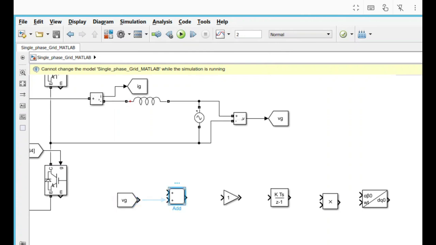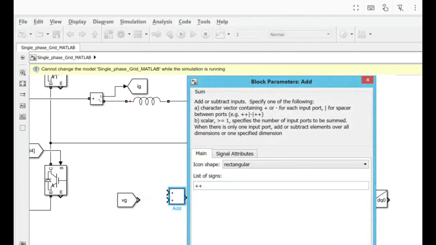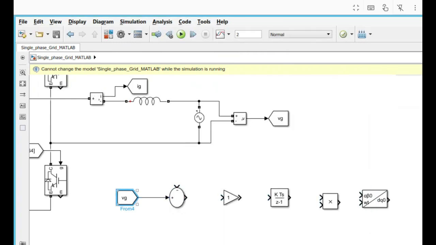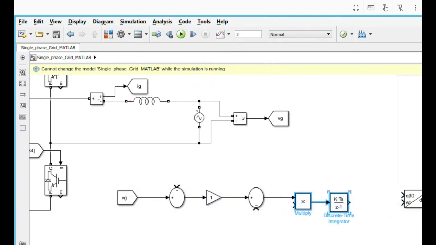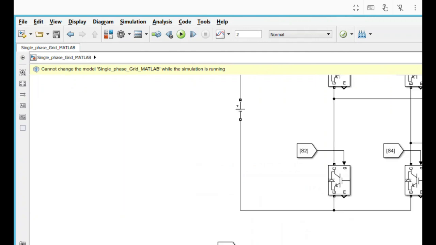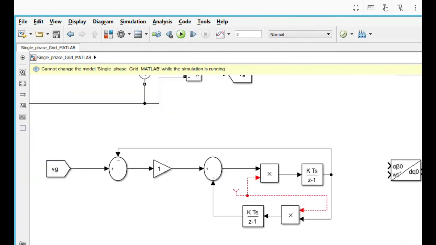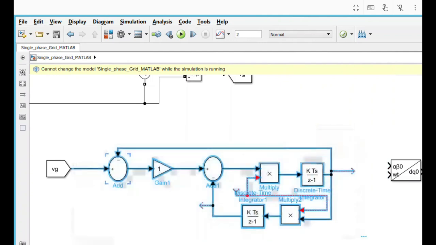So this Vg is passed to this summation block. We will make a subsystem for this one.